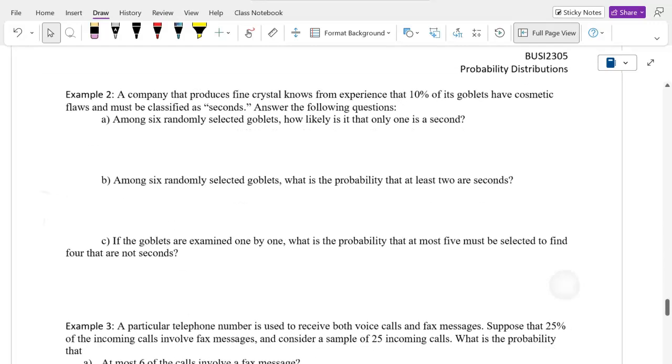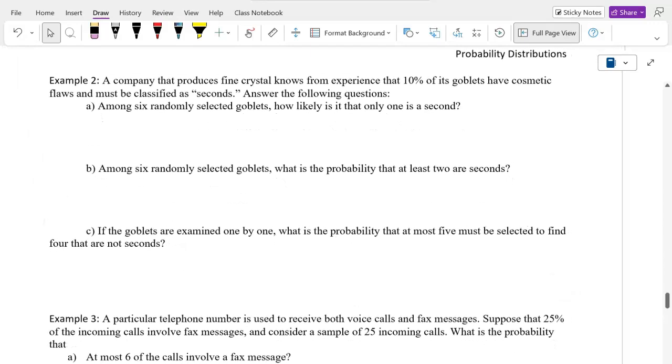Now, let's just jump right in. All right, on this first example, it says a company that produces fine crystal knows from experience that 10% of its goblets have cosmetic flaws and must be classified as seconds. 10% is our P. They always give us P in the problem, whether it's in percent, fraction, or decimal.